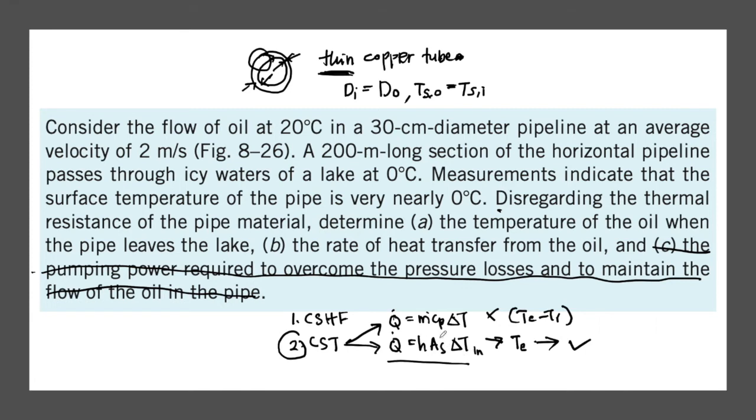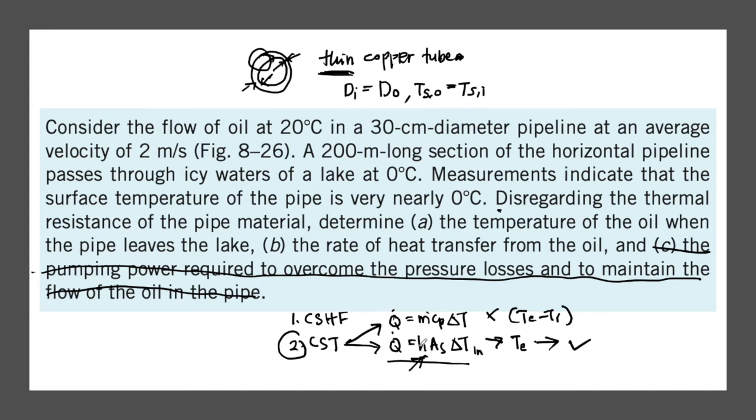We can find the surface area, and we can find delta T log mean by using the equation. Now we have to find the heat transfer coefficient, h. That is our main focus because h remains unknown up till now.